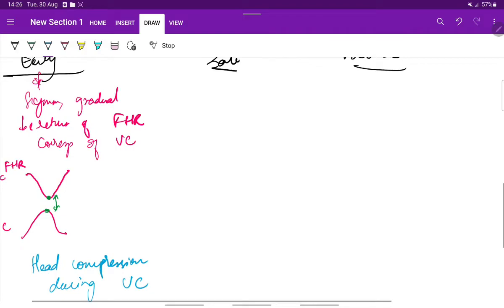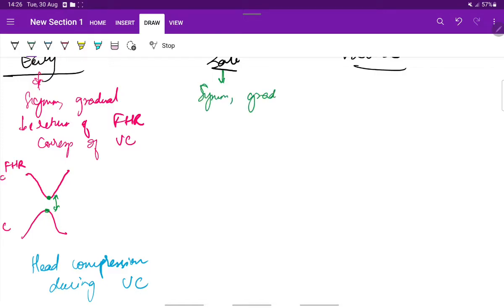So, now coming to the late deceleration, this is also usually symmetrical, gradual. So, there is gradual decrease and return of fetal heart rate. Here the nadir of the deceleration occurs a little after the peak of the uterine contraction.